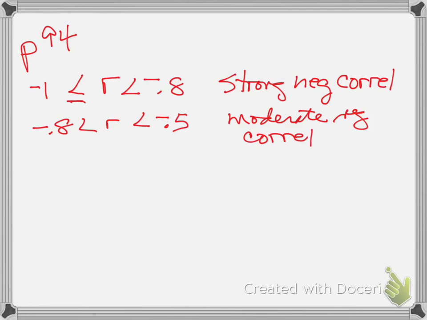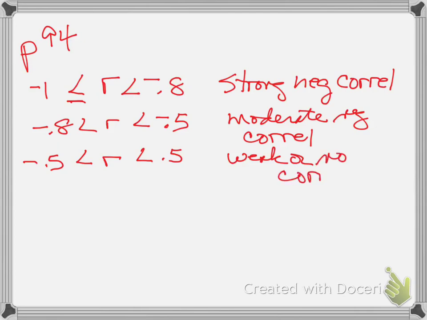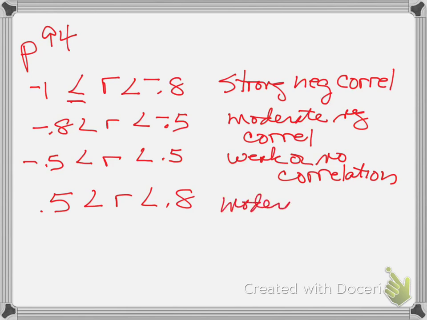Okay, so then continue with that thought. If your R is between -0.5 and +0.5, then you would say that there's a weak or really no correlation. Continuing in that vein, if your R value is between 0.5 and +0.8, you have a moderately positive correlation.